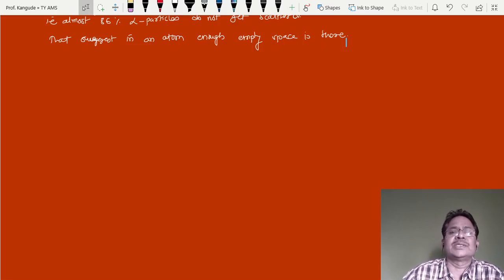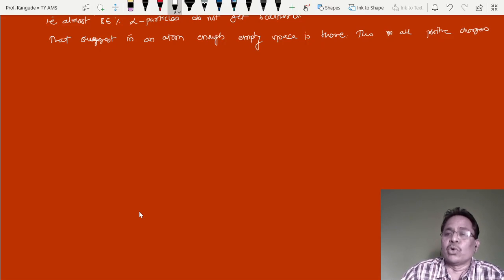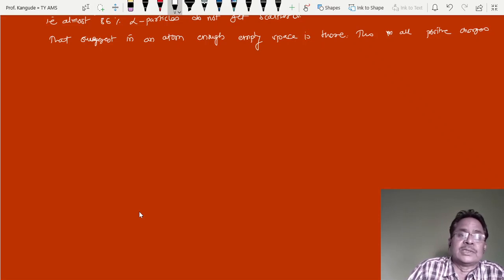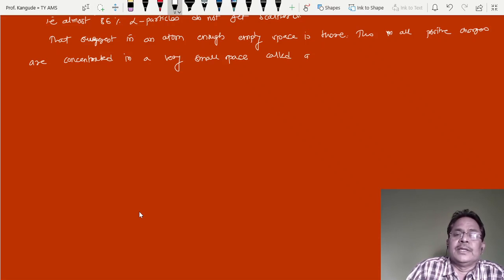Okay, so that suggests there is enough empty space inside, and thus all positive charges, I'm not calling them protons as of now, are concentrated in a very small space called the atomic nucleus.